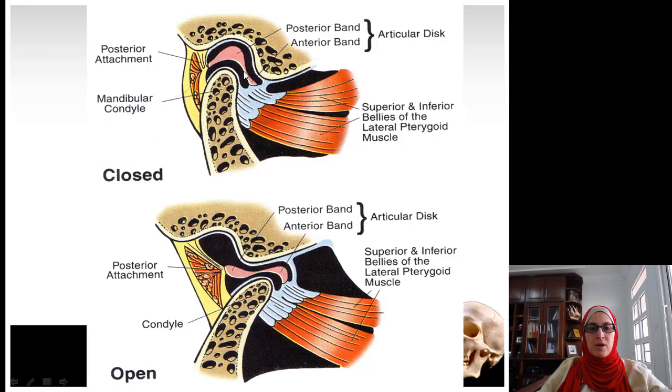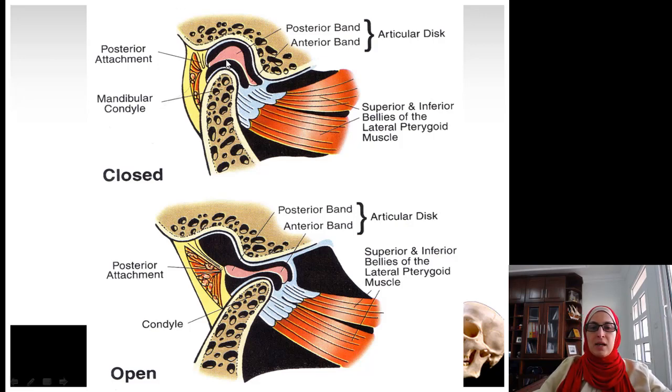The thinnest part is in between the anterior and posterior band, and far back here this disc is attached with the posterior tissues. We call them retrodiscal tissues, and the retrodiscal or posterior attachment is highly vascular. It provides the blood supply and the nutrients to the disc and to the synovial fluid here.